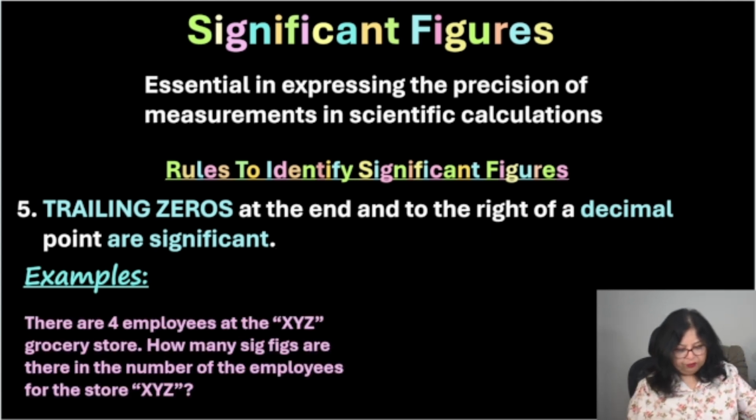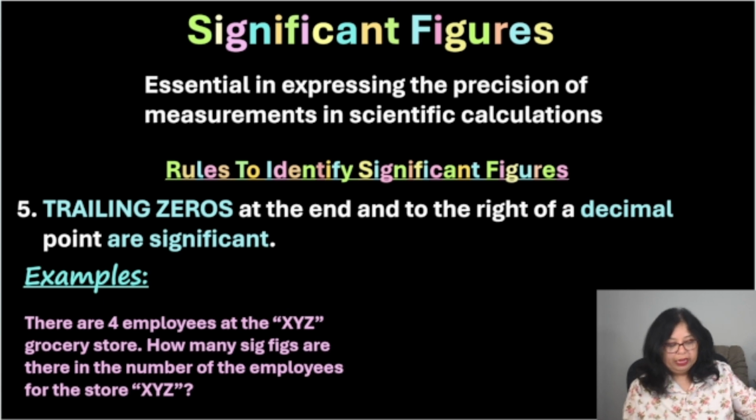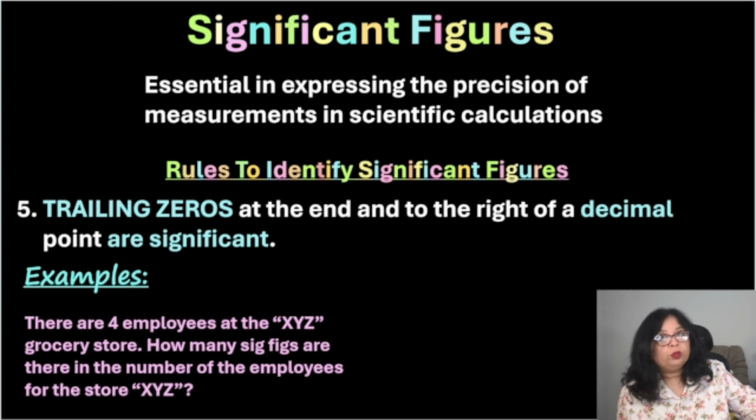Here's a question for you. There are 4 employees at the XYZ grocery store. How many significant figures are there in the number of employees for the store XYZ? That's 4. We know that it's exactly 4 employees. I mean, could you have 3.5 employees?